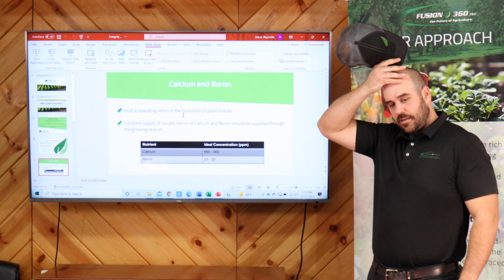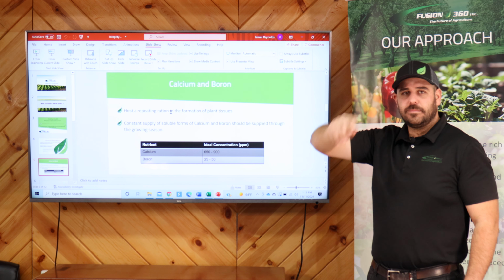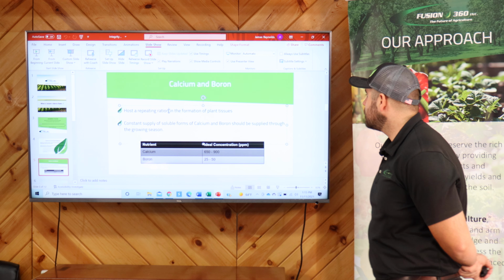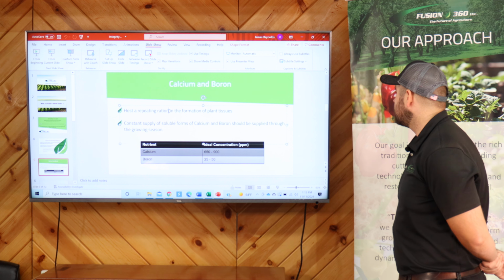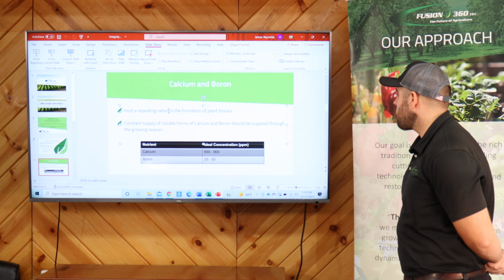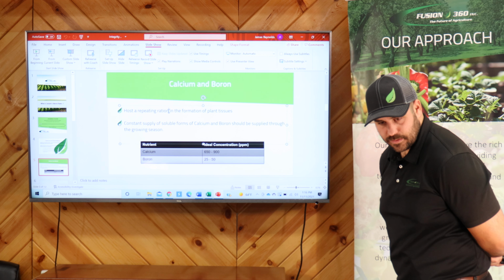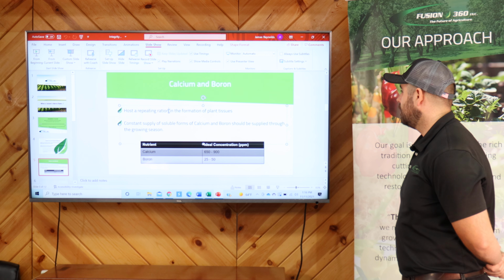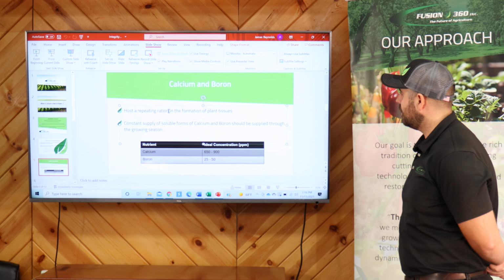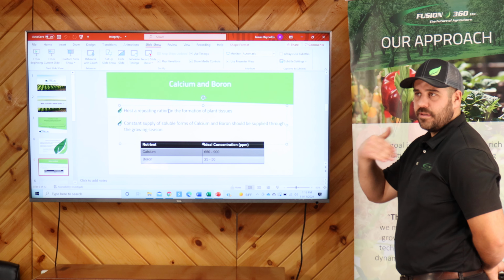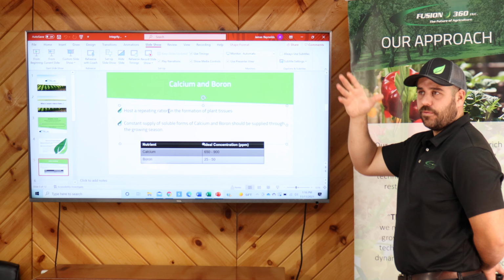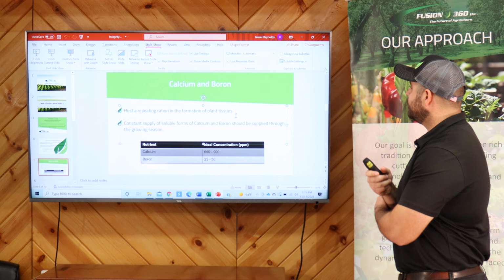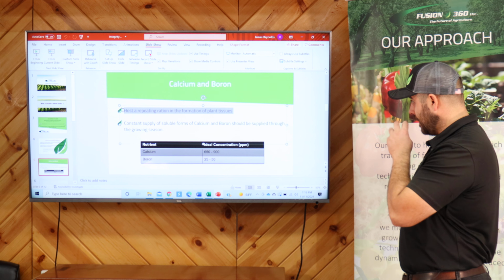Tom, cut this out. What should it say? Maybe just delete it, and I'll just talk about calcium and boron and how we should supply it constantly through foliars or different methods. Just delete this altogether.